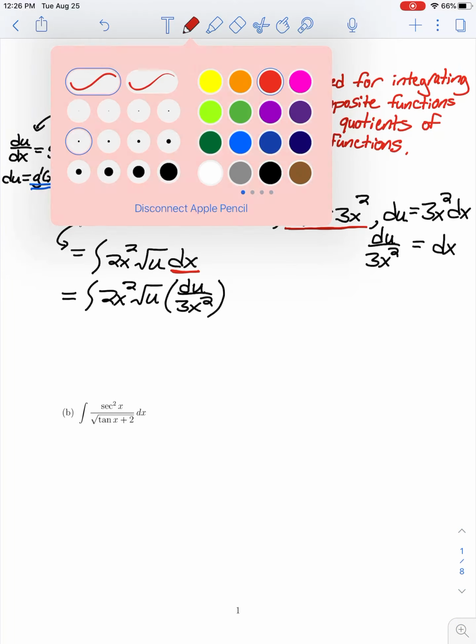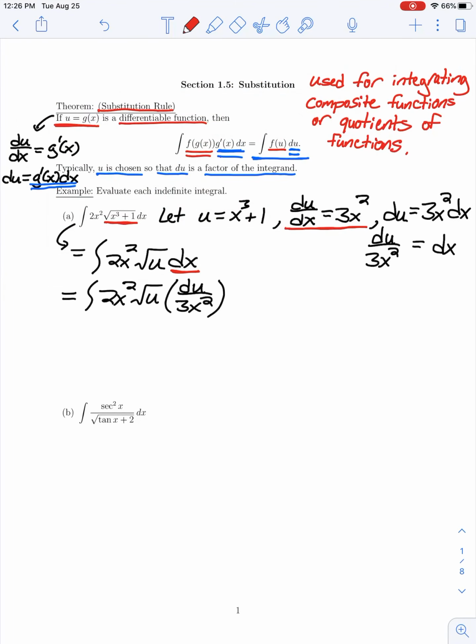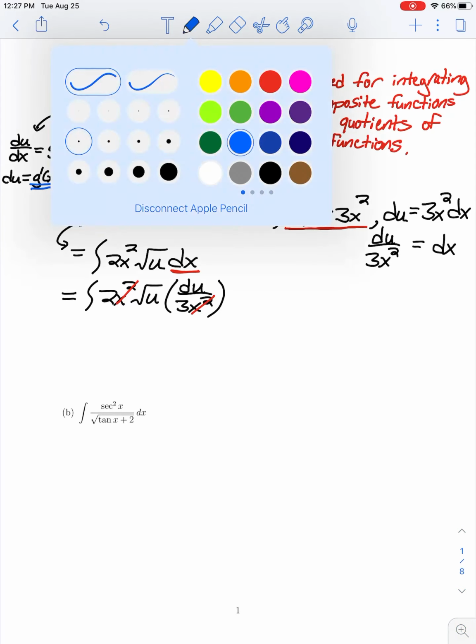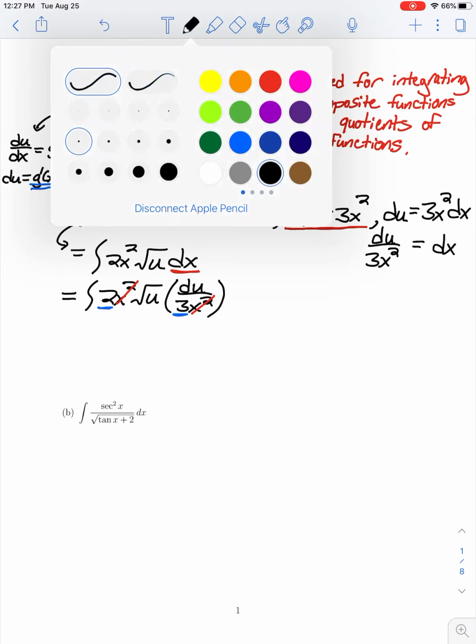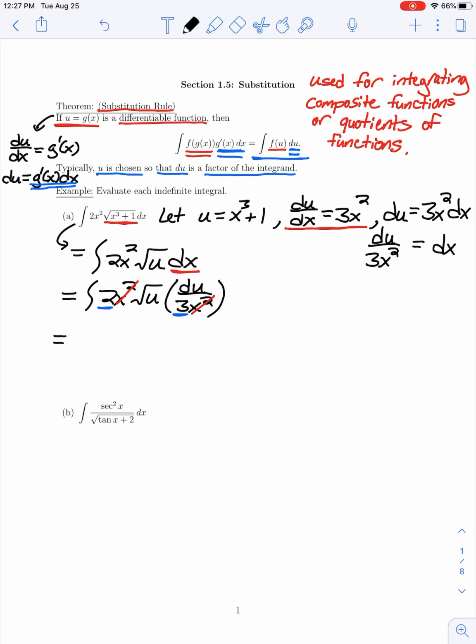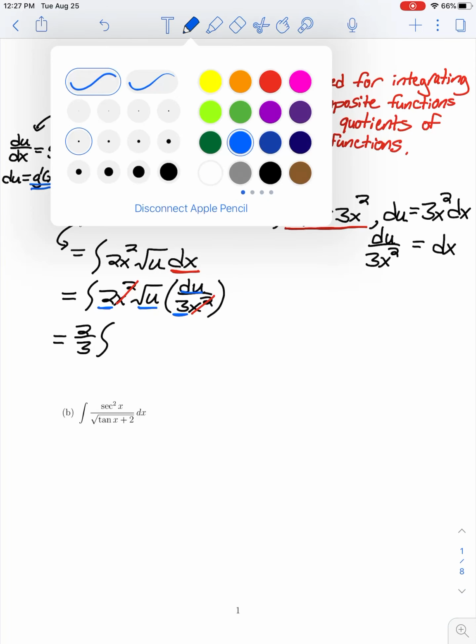So now we see that these x squared terms in the numerator and denominator will cancel one another, and we're left with the following. We have a 2 divided by 3, or 2/3, and that constant I can bring out in front of my integral, and then I'm still left with the square root of u du.